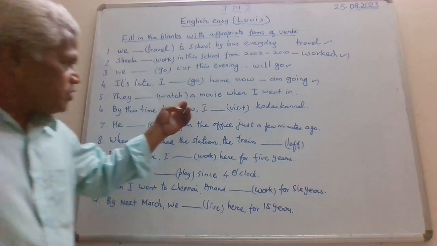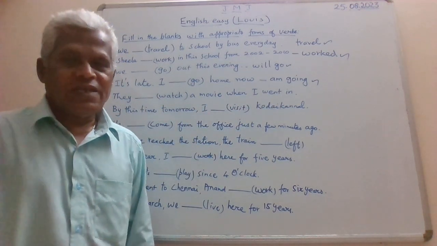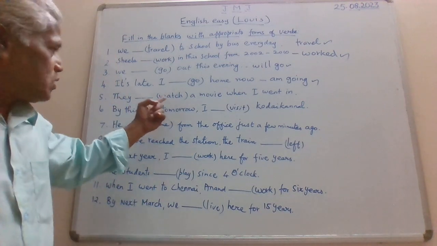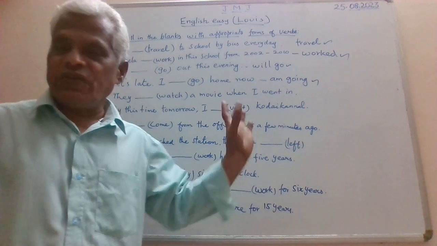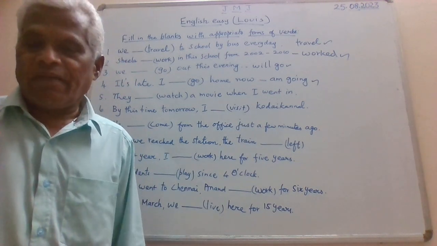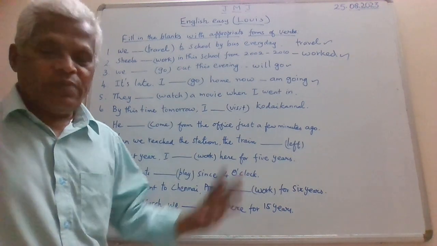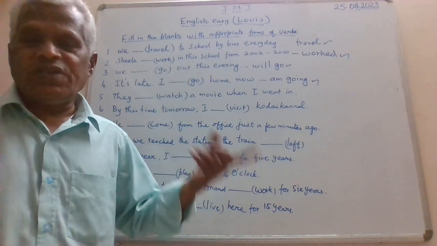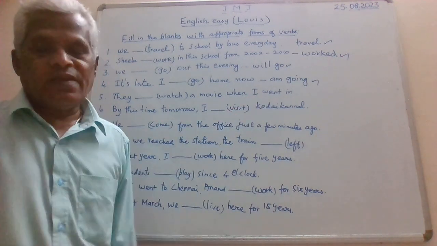They dash watch movie when I went in. What are the situations you read here? They dash watch a movie. People may be watching a movie there when I went in. This is in past tense.